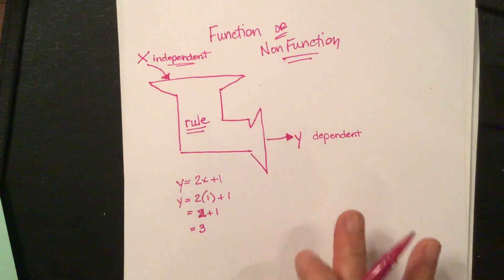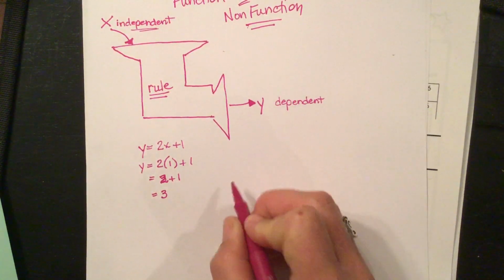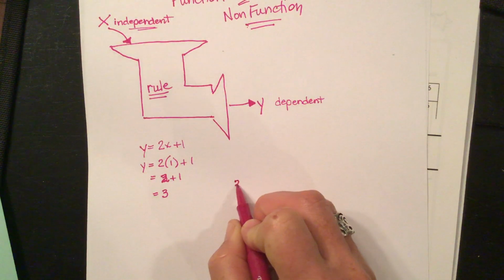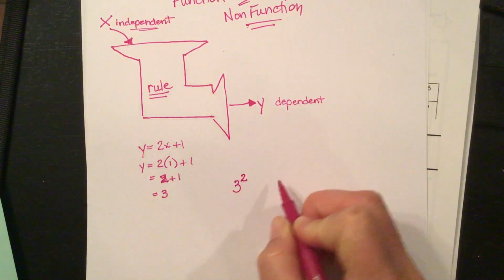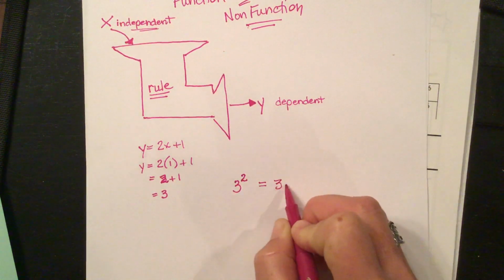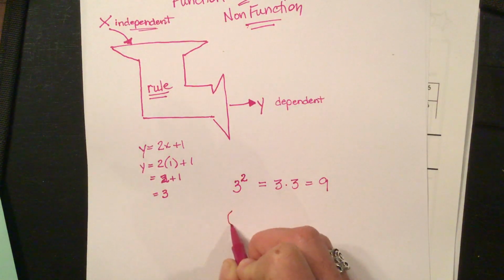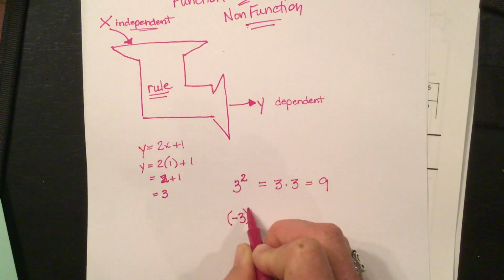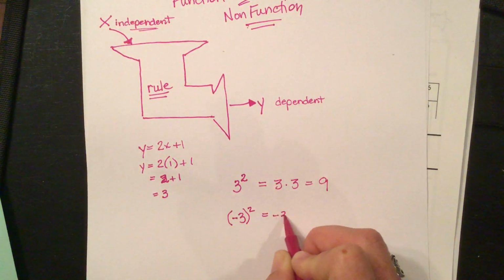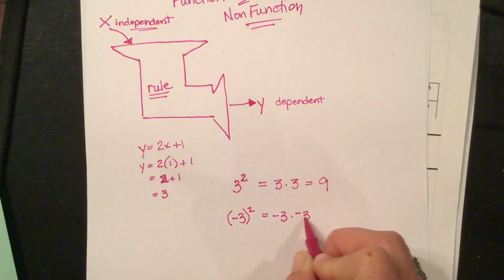But I wanted to show you an example of what if you had 3 squared. What does that mean? 3 times 3 equals 9. Can I put a different x, though, and get the same result?